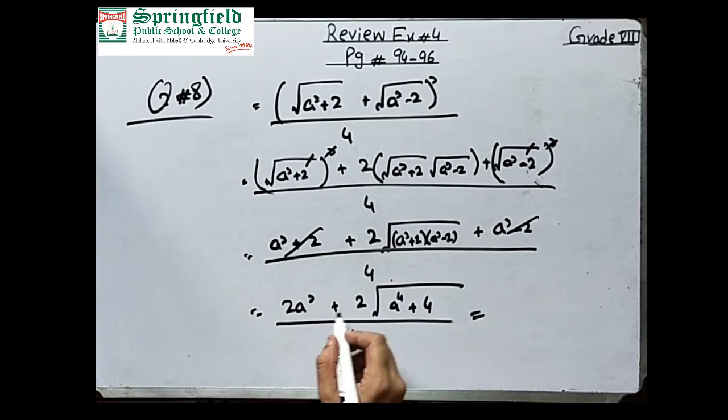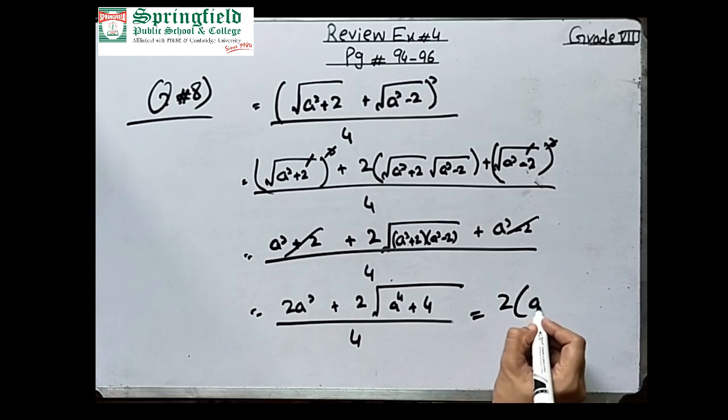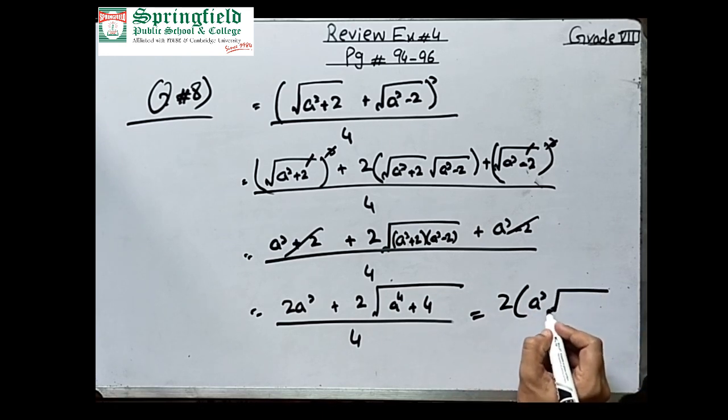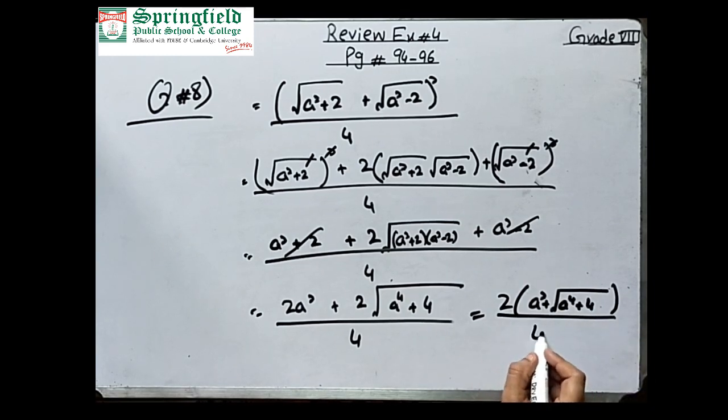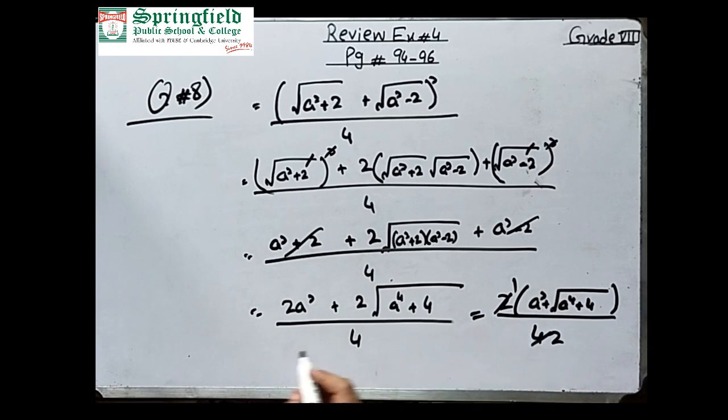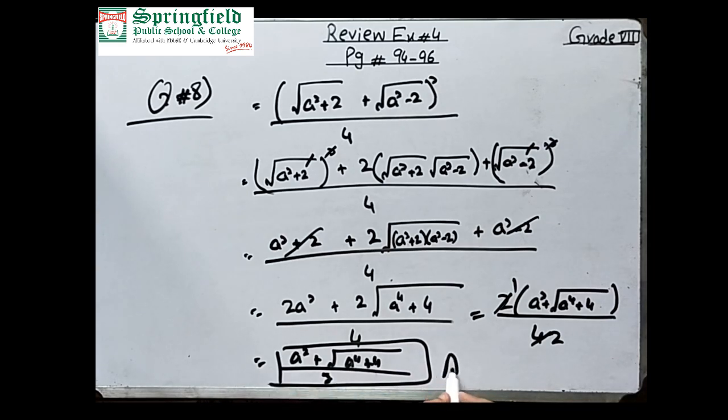Now take this 2 common here: a square plus under root a4 plus 4 will remain inside the bracket, and then 4. 2 ones are 2, 2 twos are 4. Now it is (a square plus under root a4 plus 4) divided by 2, and this is your final answer. We cannot simplify more. Understood, beta? Now do the practice of these questions in your notebook. Okay, thank you.